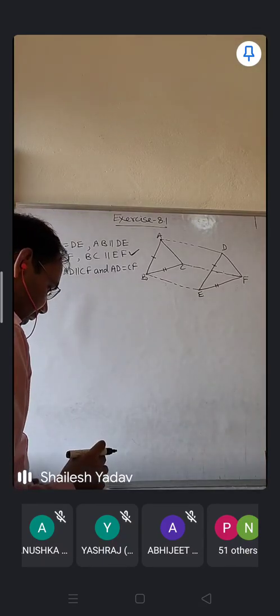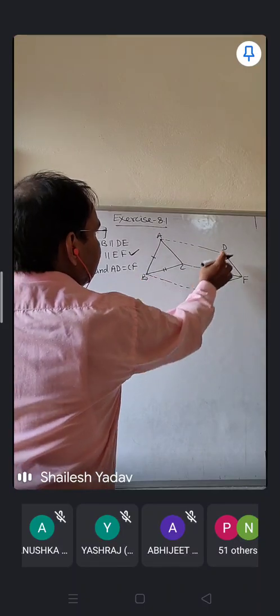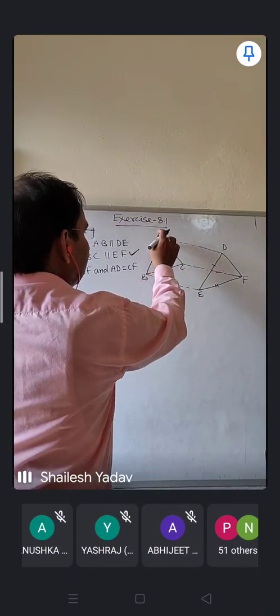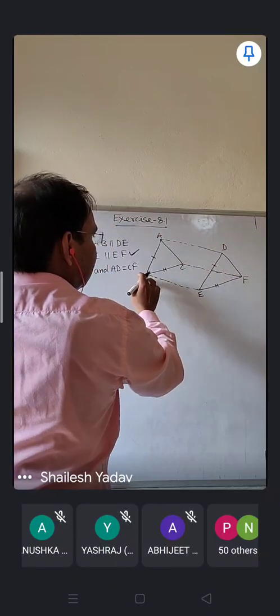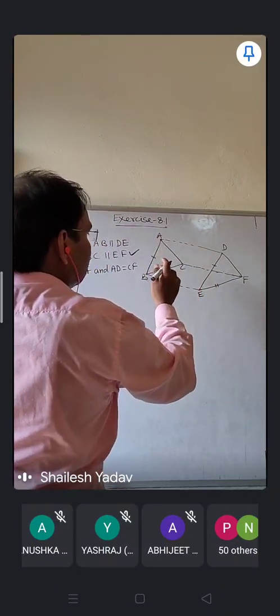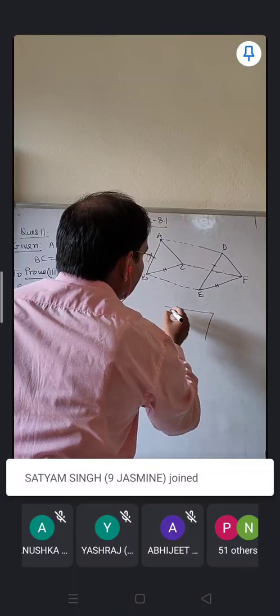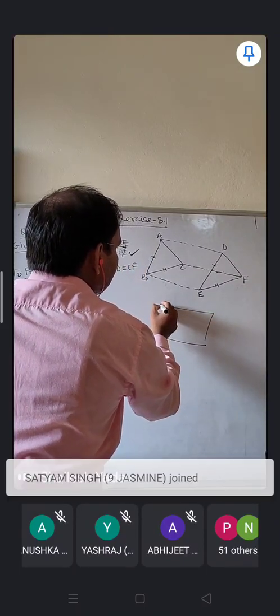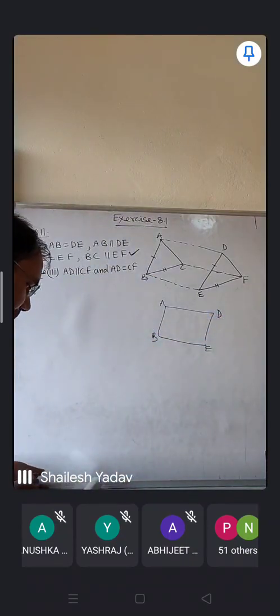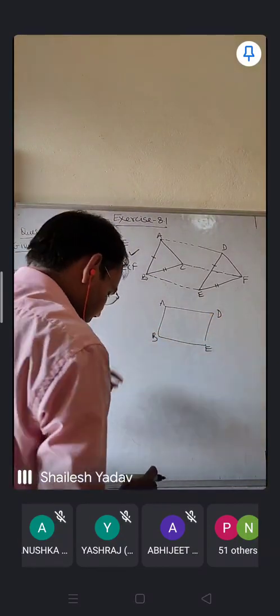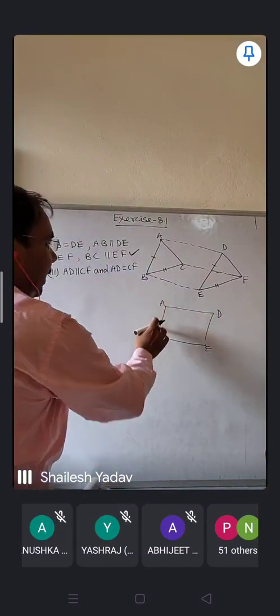Students, here I had proved that ABED is a parallelogram. In the first part I had proved that ABED is a parallelogram. So if ABED is a parallelogram, it is like this. Kindly see the first part where you proved that ABED is a parallelogram. That is already proved.